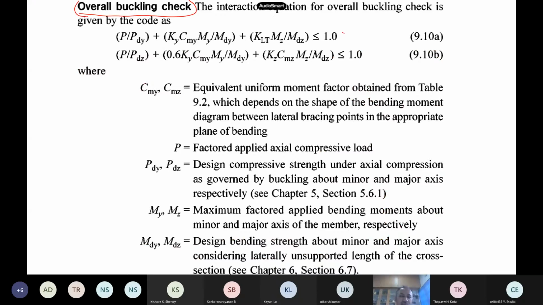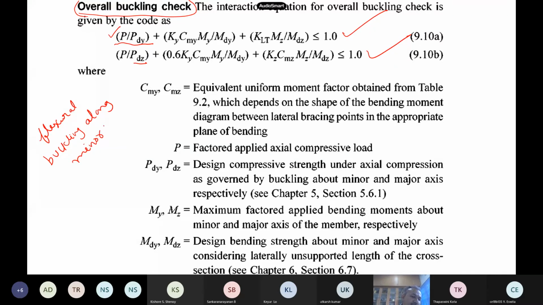So the code gives two equations. The first equation corresponds to, if you see these terms, y is the minor axis, z is the major axis. So you can write the first equation like this: the first two components are flexural buckling along the minor axis.